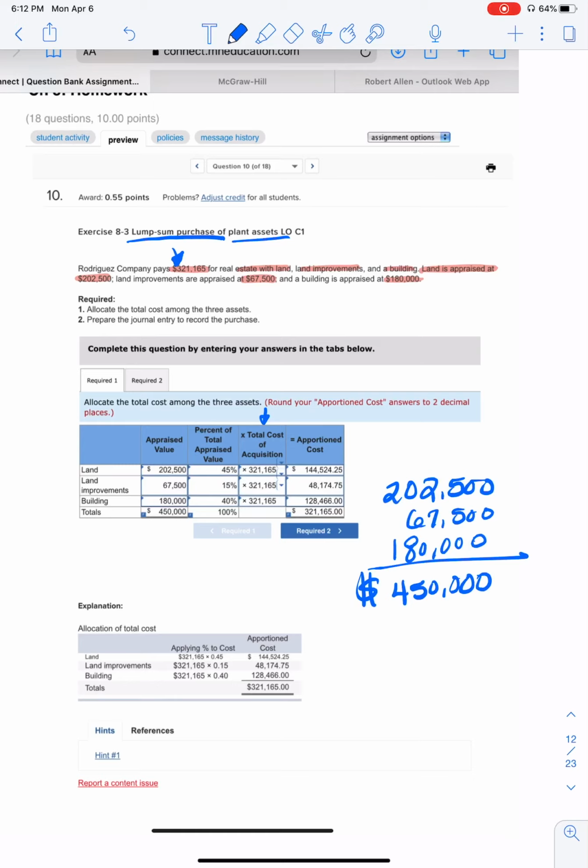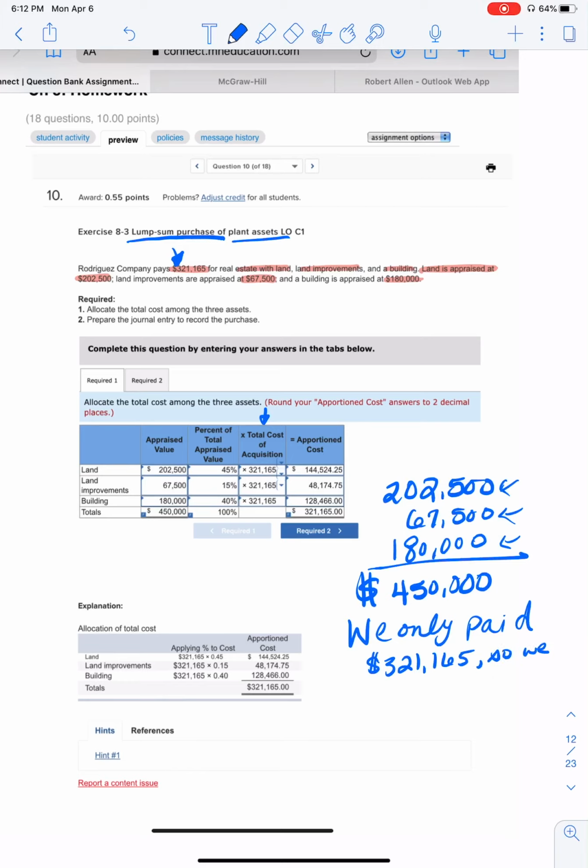But can I record my land at $202,500? Can I record my land improvements at $67,500 and my building at $180,000? Well, the answer, of course, is no. And the reason this is no is because we only paid $321,165.